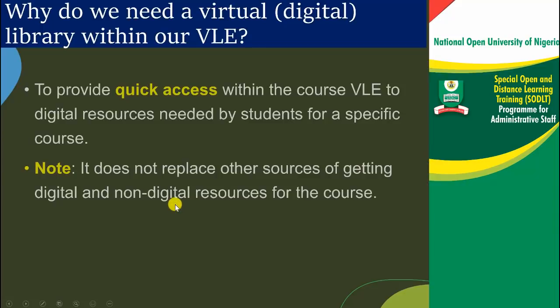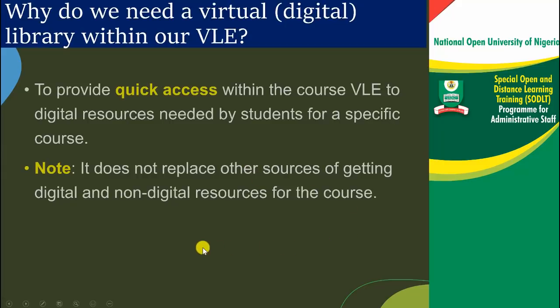But why do you need a digital library within your virtual learning environment? Well, I think you need it so that your students can have easy, quick access to the digital resources that they need for that specific course.